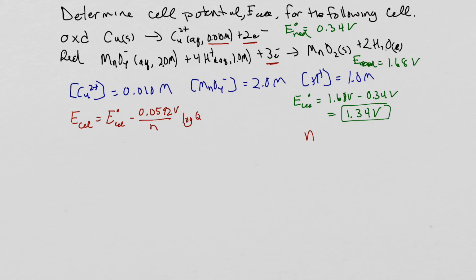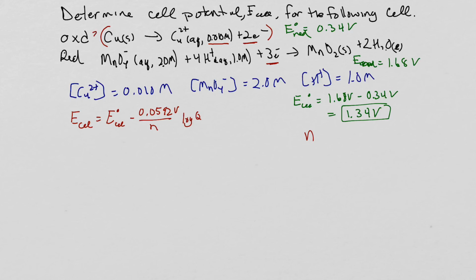So if we were going through to balance these equations, if we wanted to find the balanced equation, one of the things we would have had to do is to take these half reactions and get them to the same number. So in this case, 6 is the lowest common number that we can get both 2 and 3 to turn into.